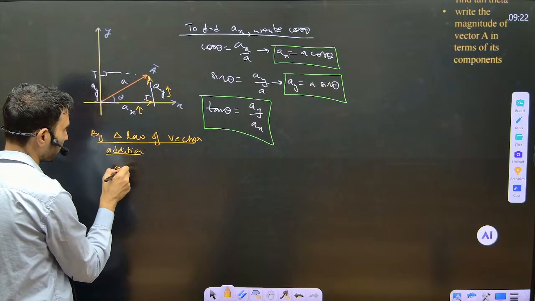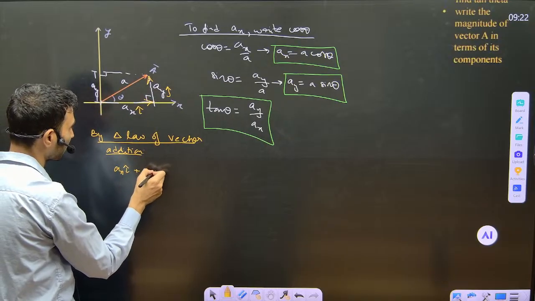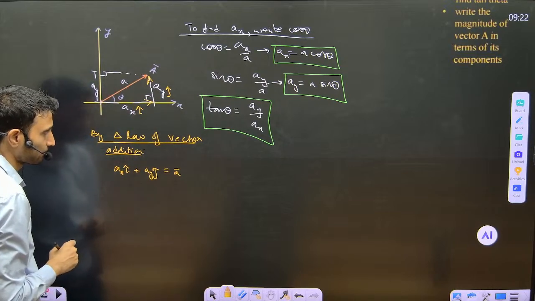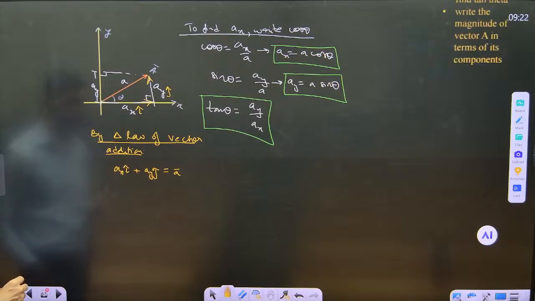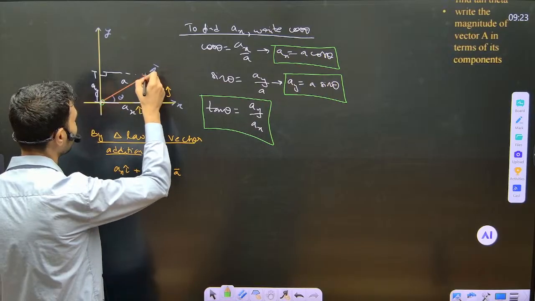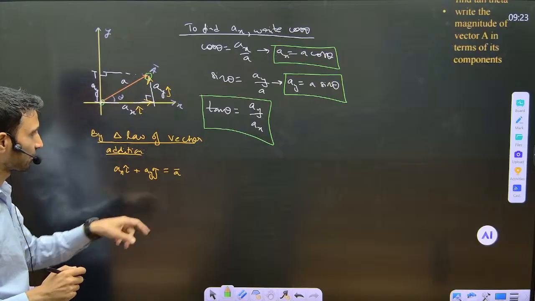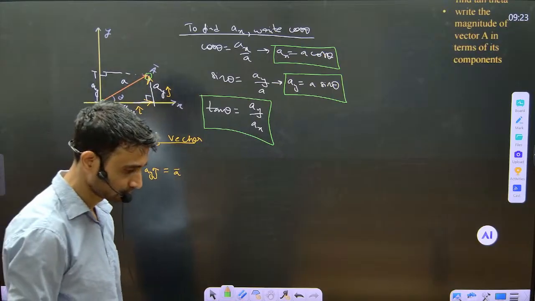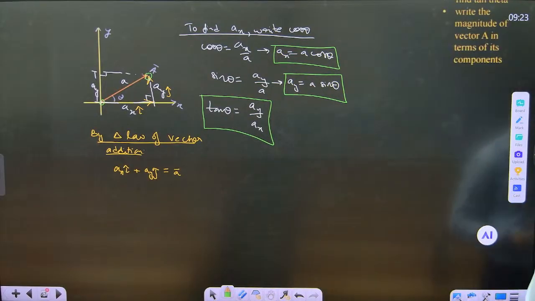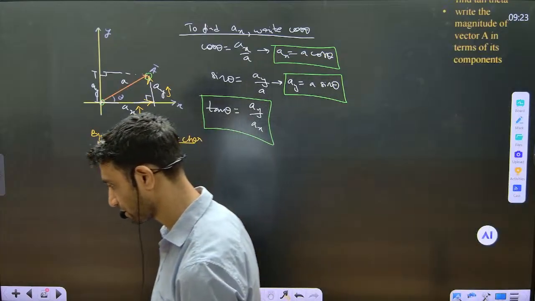So I can write Ax i plus Ay j is equal to A vector. Why could we write that? Because this is the sum, because tail and tail is here and head is here. So that's by triangle law of vector addition.